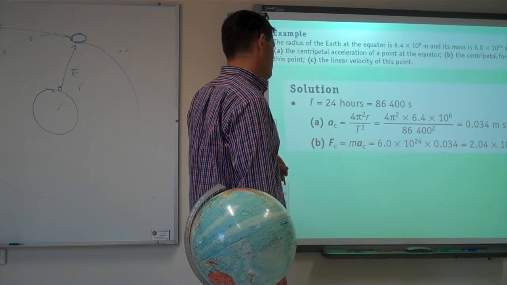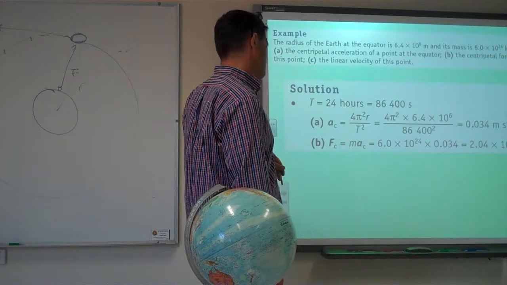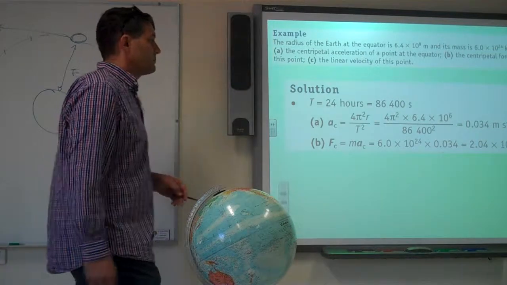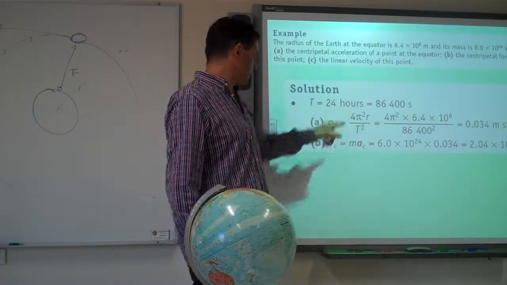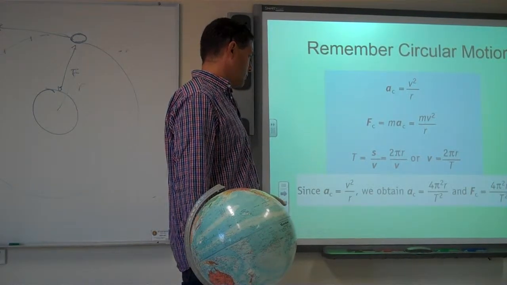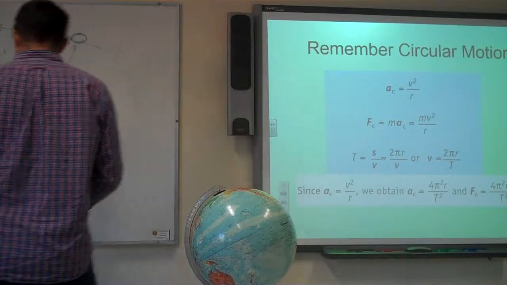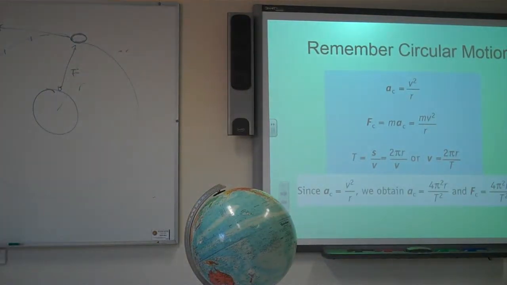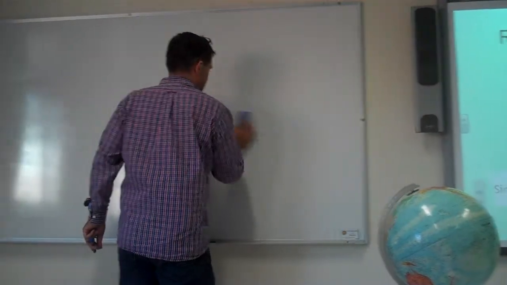Where did the 4 and the t squared come into the centripetal force? Because before it said a equals v squared over r. Okay, I'll rush through that a little bit, I'll go back and have a look.